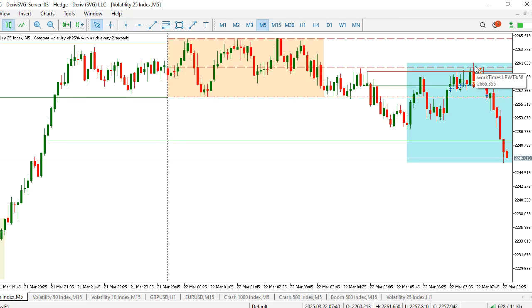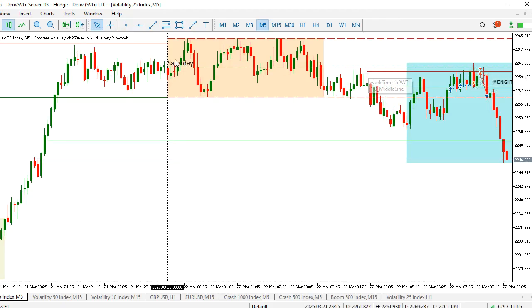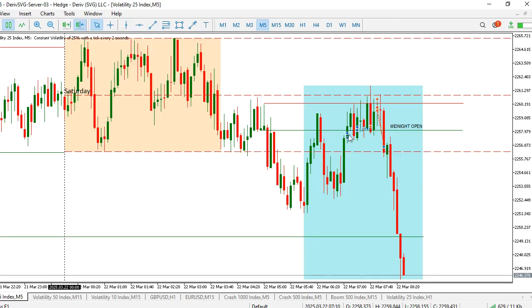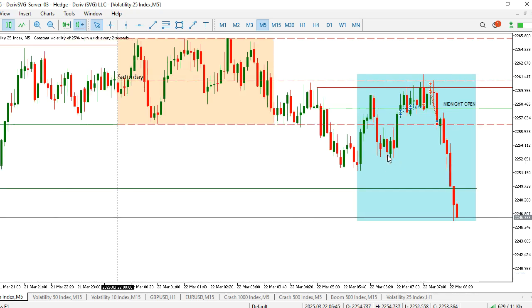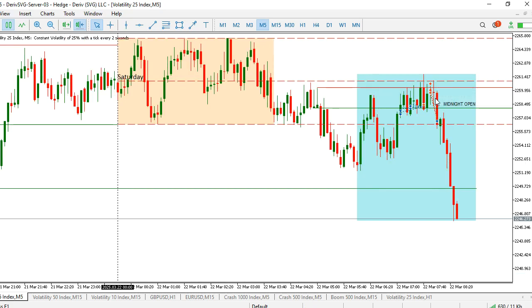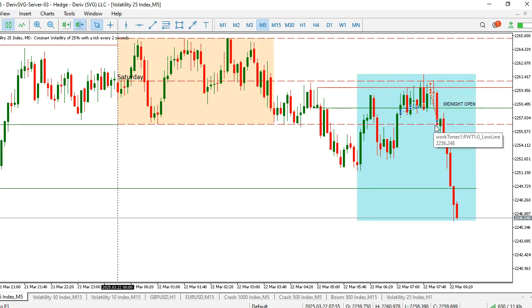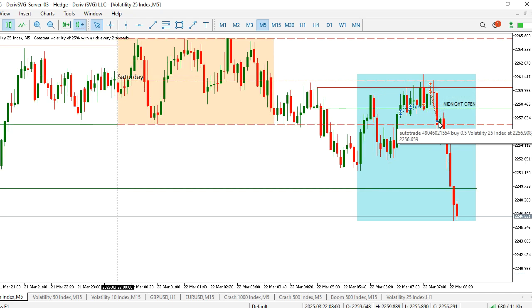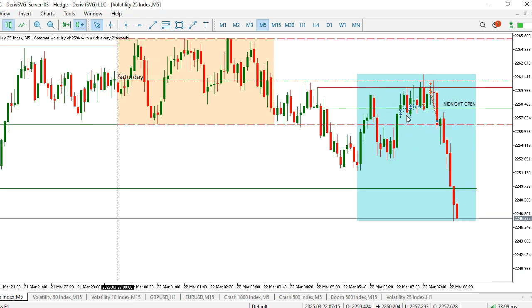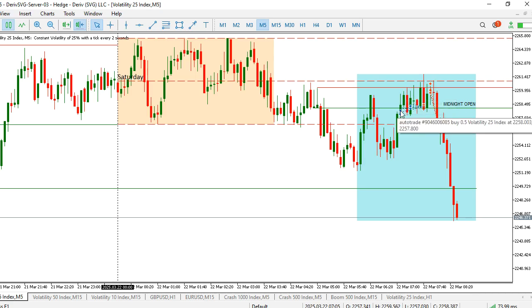The moment I saw the weak rejection here, I could see my CRT clearly. So I picked up this, and when I got to my day profits, I went out of the market, right? So that's the CRT pattern. For the smart one, you can actually see the time I started trading.